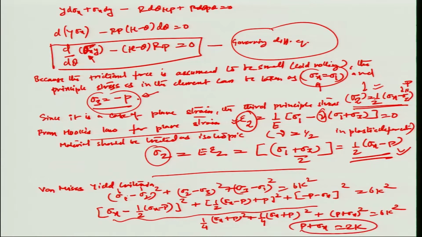So that is the condition for the von Mises yield criterion to hold, giving a relationship between the shear yield stress k, the roll pressure, and the principal stress sigma x. Putting P plus sigma x equal to 2k, we have the value of the principal stress sigma x in terms of the maximum shear yield stress of the material: twice k minus P. So we are now expressing a variable sigma x of the rolling process in terms of a material property k and the roll pressure P, and that is our goal, to ultimately solve the governing equation.